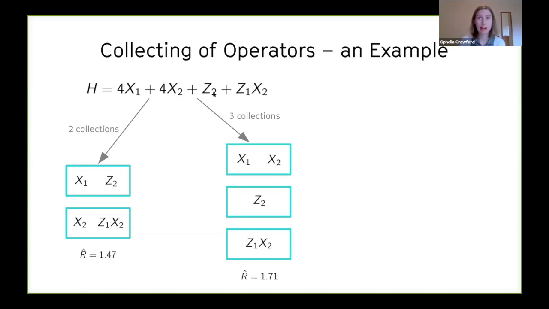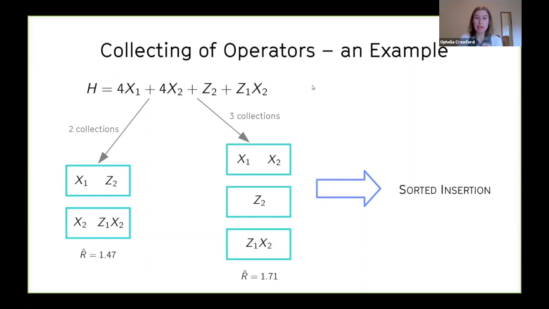However, if we collect them into 3 collections, as shown on the right here, this gives us a higher R hat value of 1.71. Considering examples like this leads us to suggest our method for collecting terms together, which we've called sorted insertion. The way this works is that each operator in the Hamiltonian is sorted by the magnitude of its coefficients.